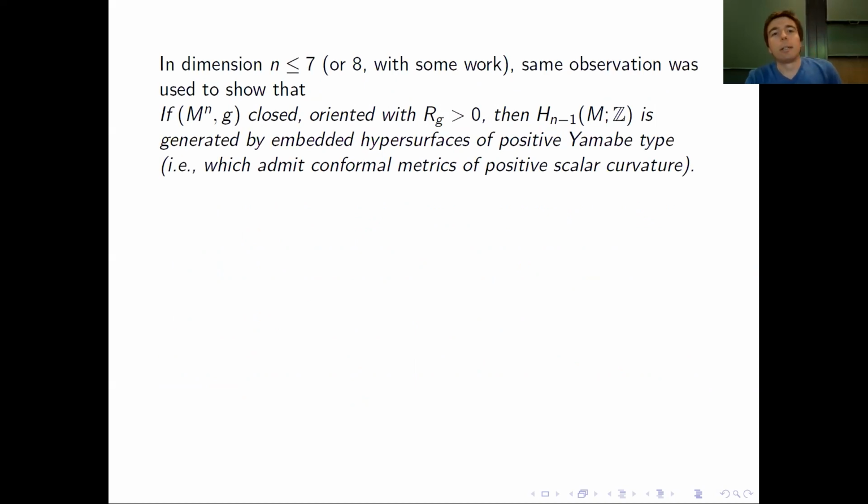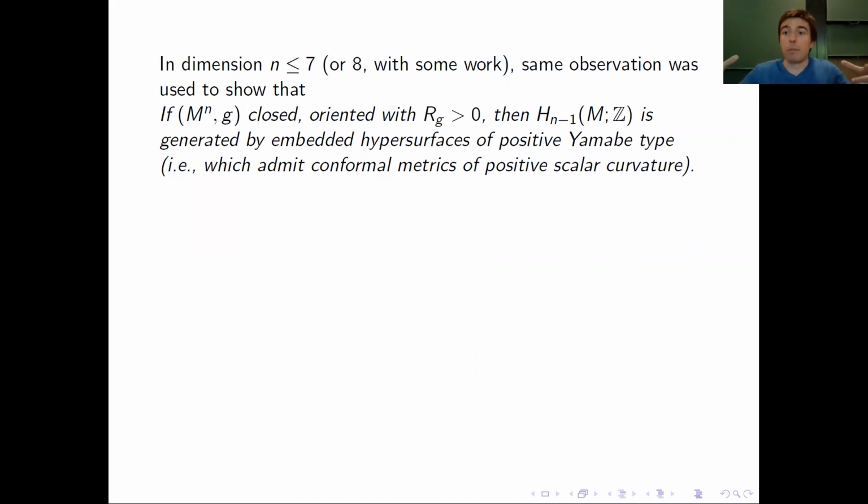Okay, so the talk's mostly going to be in 3 dimensions, but I should at least mention higher dimensions. So if your dimension is less than or equal to 7, or 8 with some work of Smale, the same observations with a little more sophisticated machinery can be used to show that if you have a closed oriented manifold of positive scalar curvature, then the codimension 1 homology is generated by embedded hypersurfaces of positive Yamabe type.